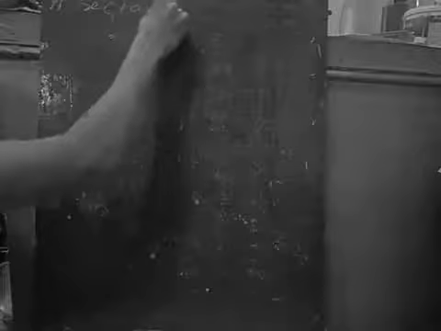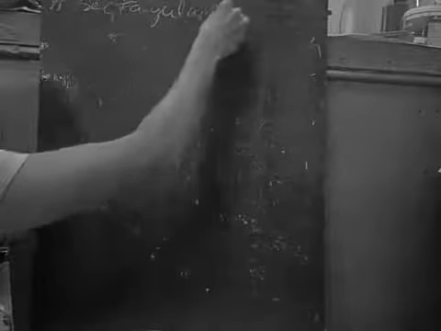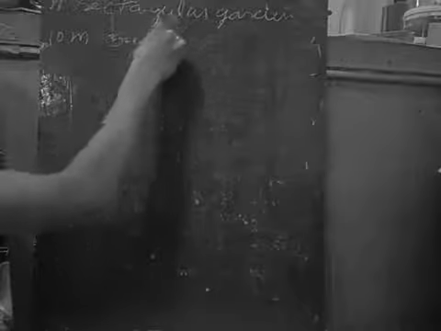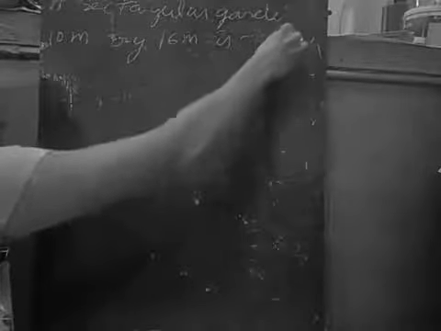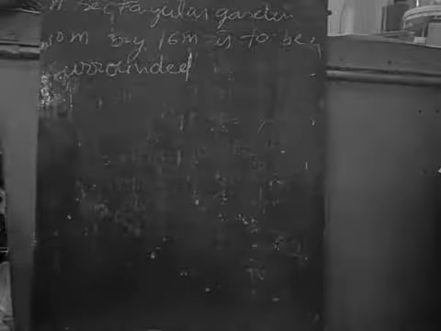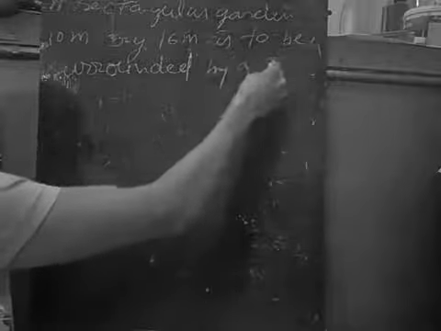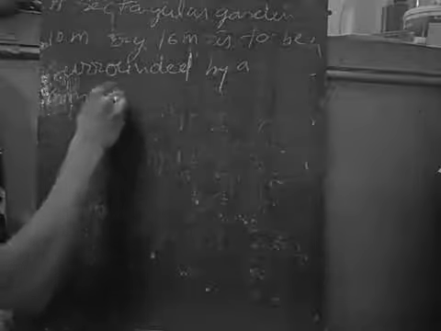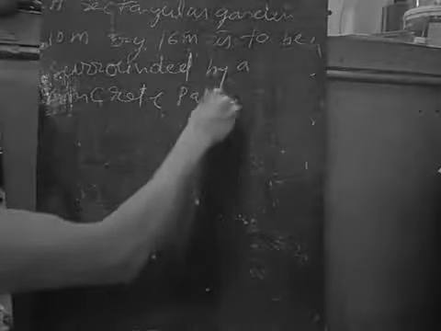A rectangular garden 10 meter by 16 meter is to be surrounded by a concrete path of uniform width.